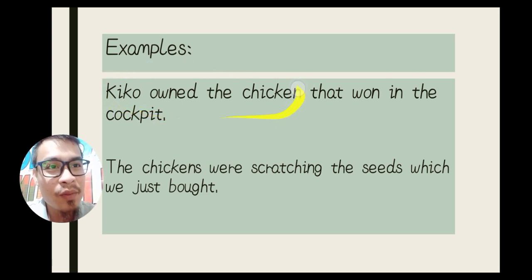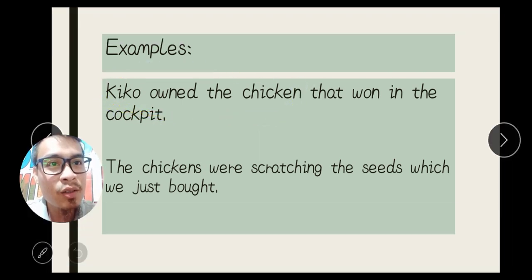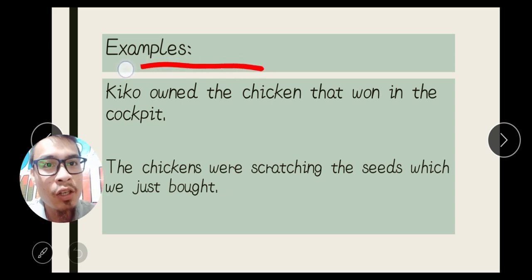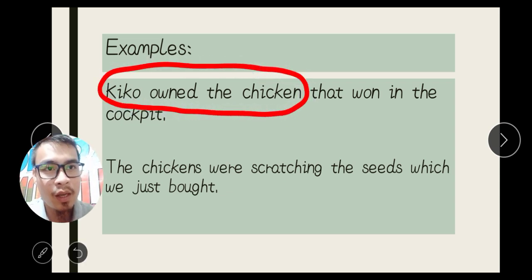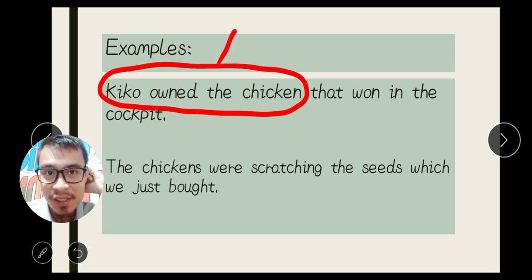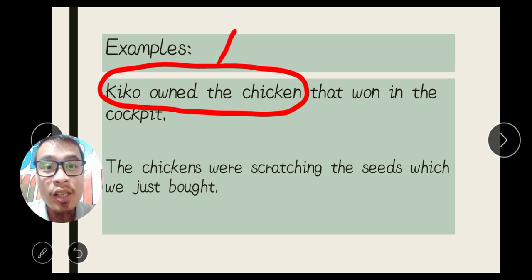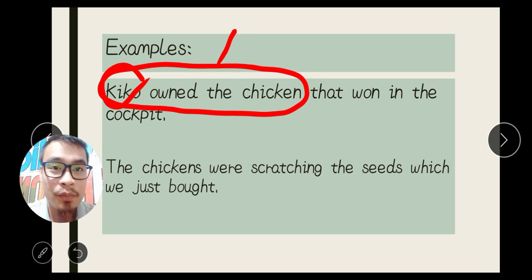This one. So I'll mark it so that it becomes clear. Kiko owned the chicken. Okay. This first clause is our independent clause because it is a complete sentence. It has a subject, Kiko, and owned the chicken, the predicate, verb. So a complete sentence. It's just a simple sentence.